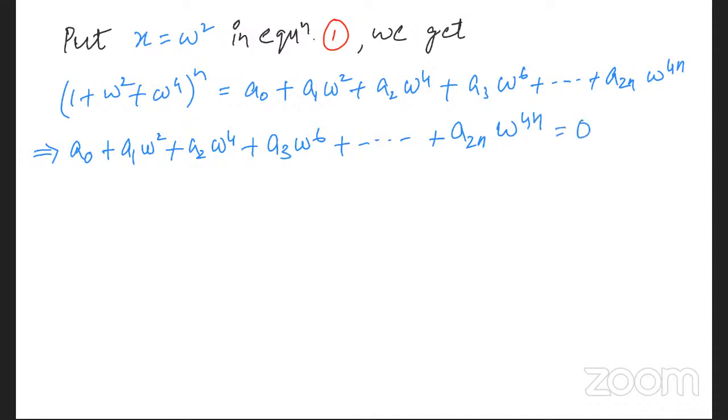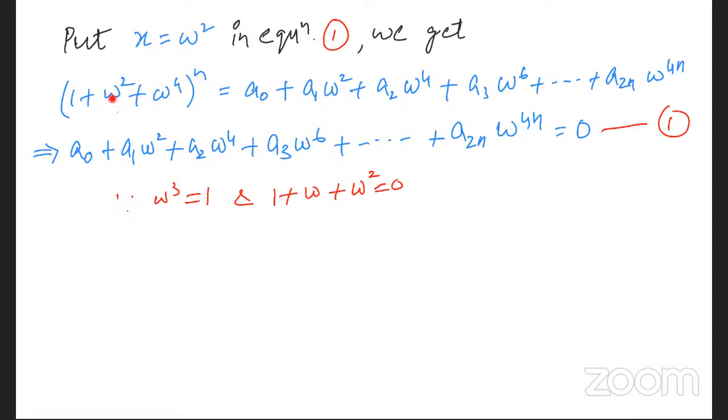Again, this is equal to 0, since omega cube is 1 and 1 plus omega plus omega square is 0.